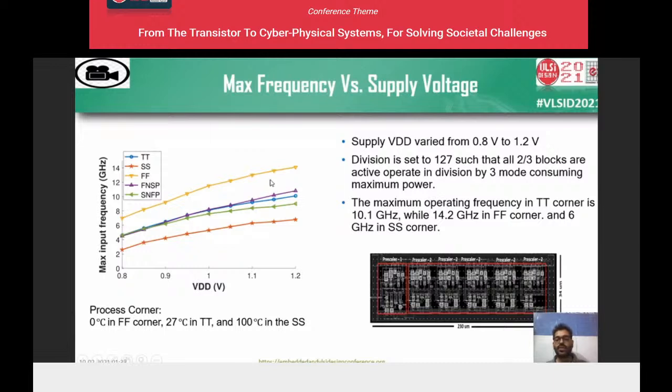At the FF corner it gives around 14.1 to 14.2 gigahertz maximum operating frequency. For the TT corner it shows 10.1 gigahertz, and for the SS corner it shows 6 gigahertz.